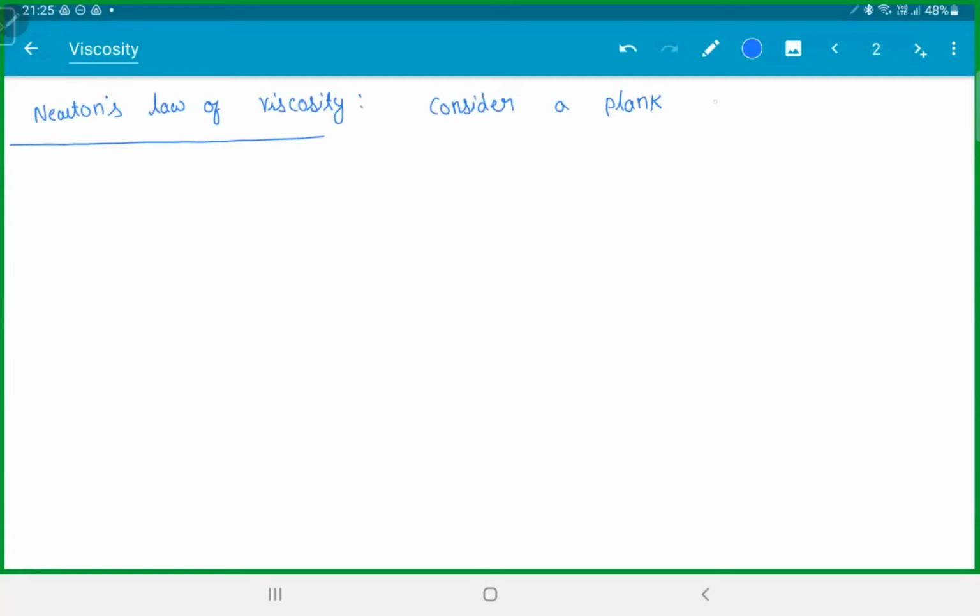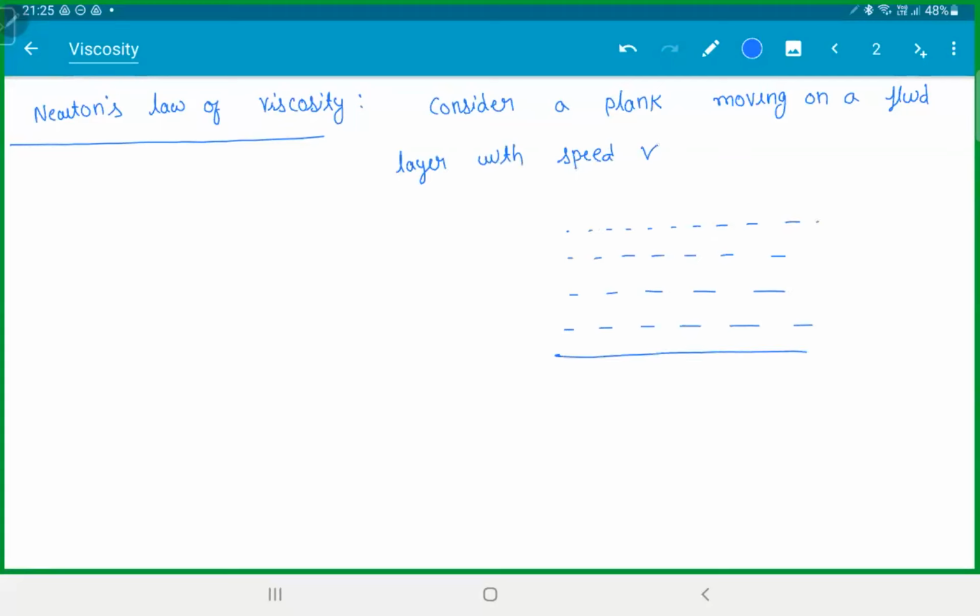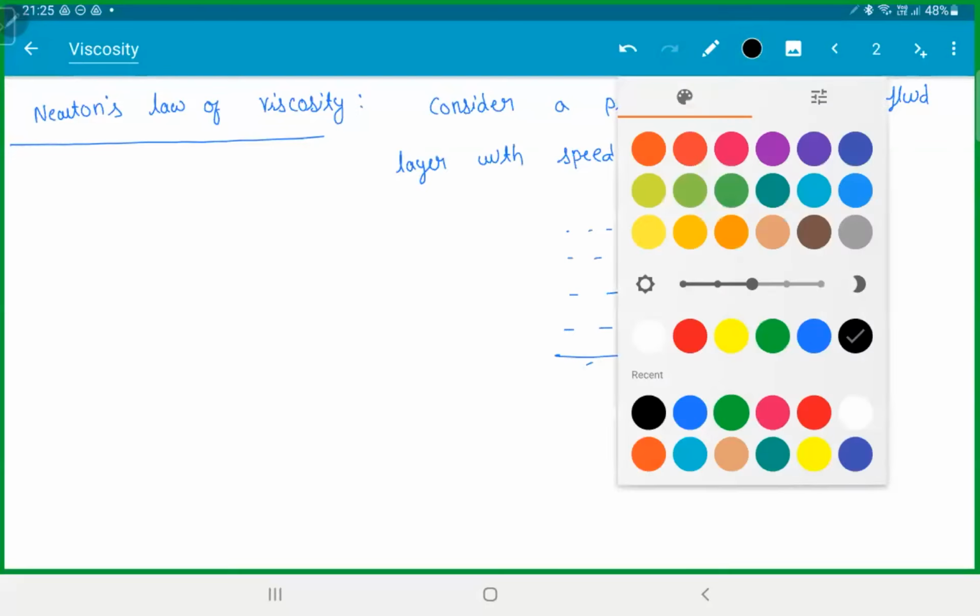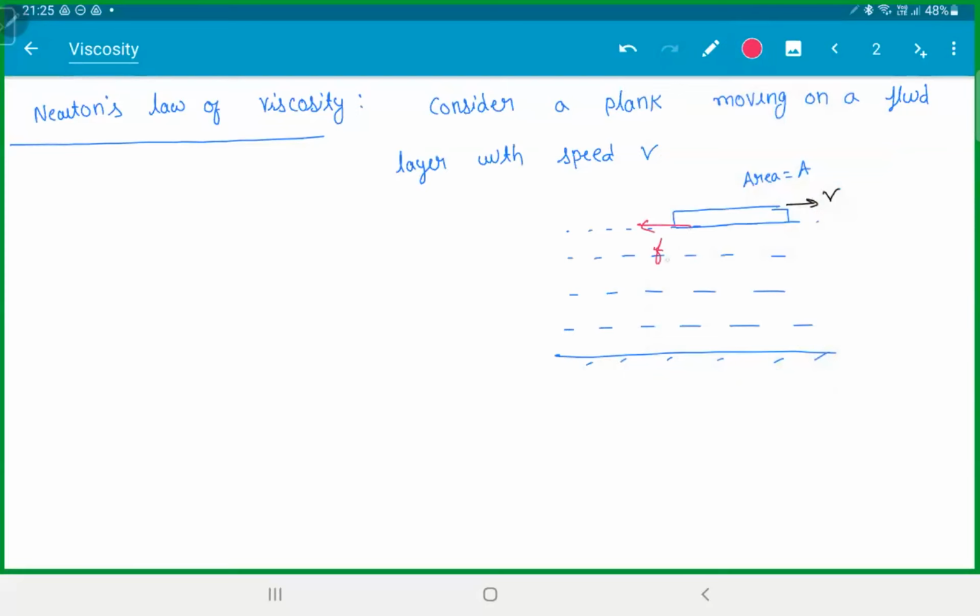Consider a plank moving on a fluid layer with speed v. Let this area be A. Let this velocity be V. So this viscous force will be backward.